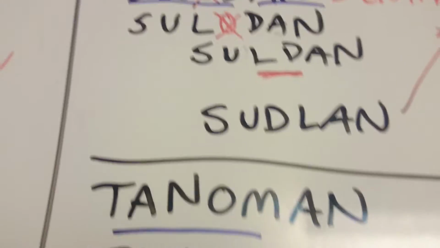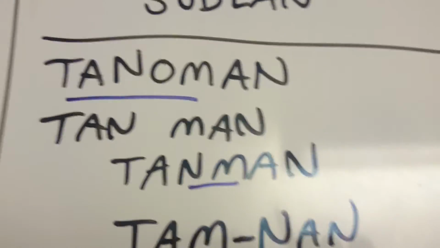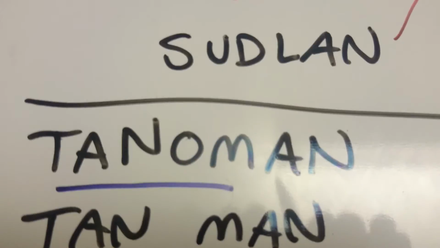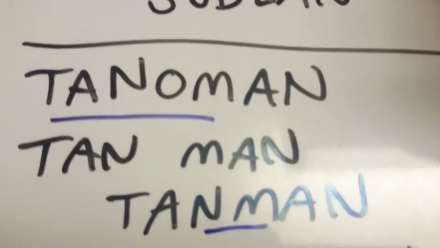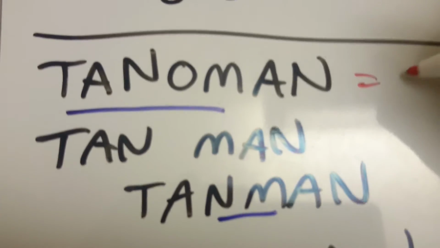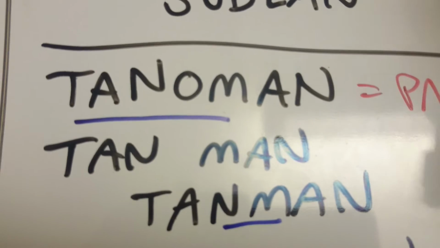And finally, the final example that I have here is tanoman. And tanoman is like a planting area.